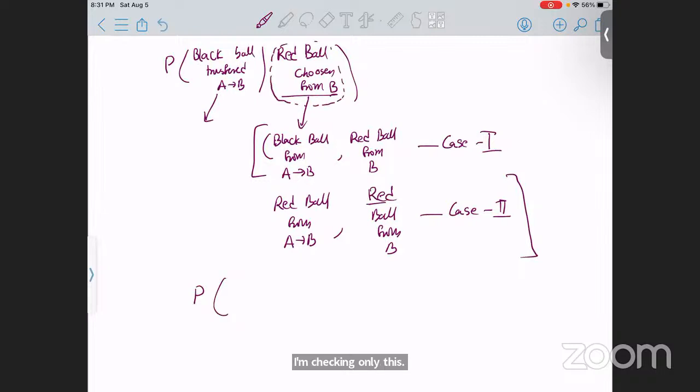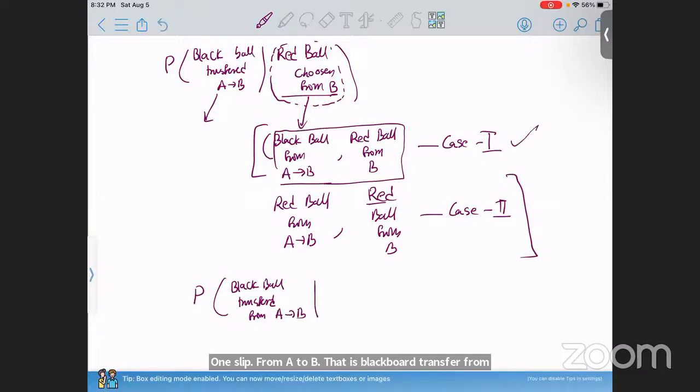Now you have to check the black ball transferred from A to B and a red ball from B. This is the case we need. Case one is what we need. Agree? Yes, sir.